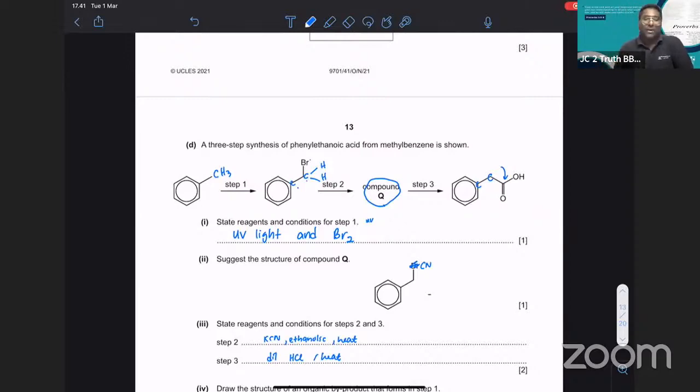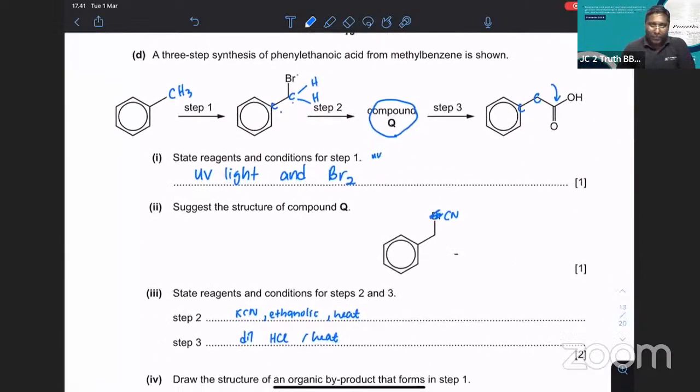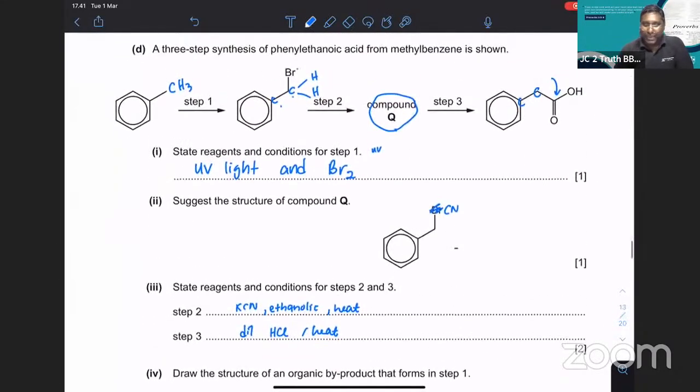There is only one way to get that: you need to react with KCN. This KCN must be ethanolic and it must be heated. So step number 2 is to react with ethanolic KCN and heat.